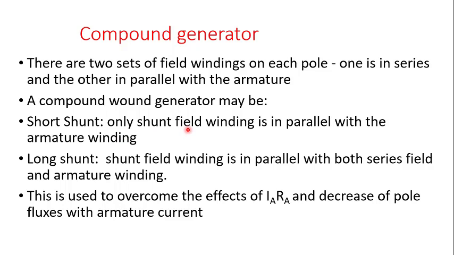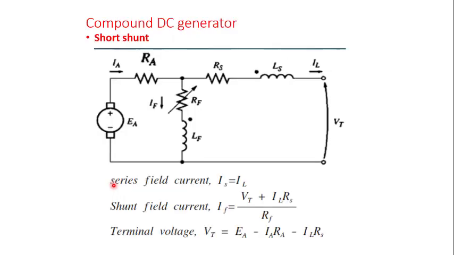Or the parallel winding is in parallel with the armature windings. And then we have the long shunt, meaning that the shunt field winding is in parallel with both the series field and armature windings. So take note of that.